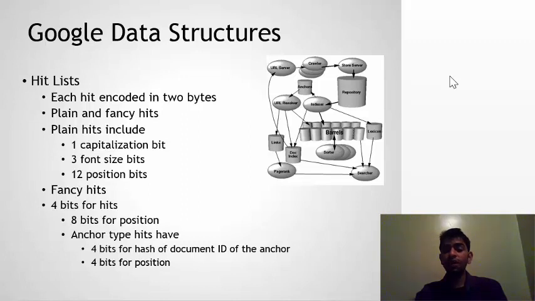They also store anchor type hits, as in 4 bits for hash of document IDs and 4 bits for position. Plain hits include 1 bit for capitalization, 3 bits for font size, 12 bits for position.